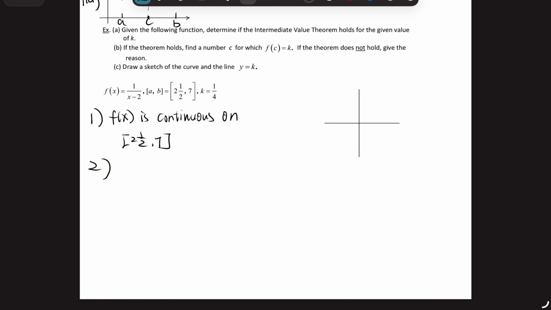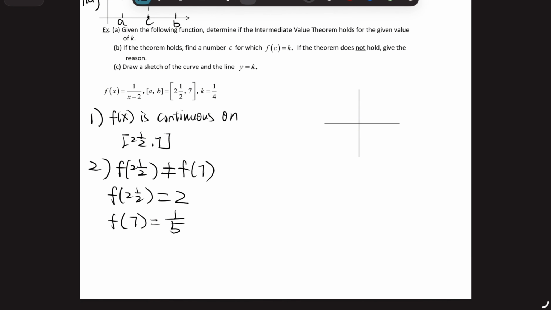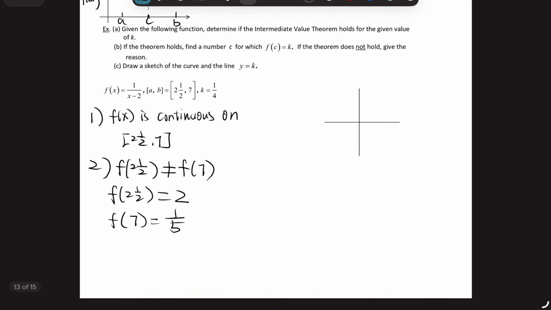Second, we have to see if f of 2 and 1/2 is equal or not equal to f of 7. If they're not equal, that means our second condition is met. What is f of 2 and 1/2? If you plug the value in, you're going to get 2. What is f of 7? Apparently it is 1 over 5. So they're not equal, so our second condition is met.